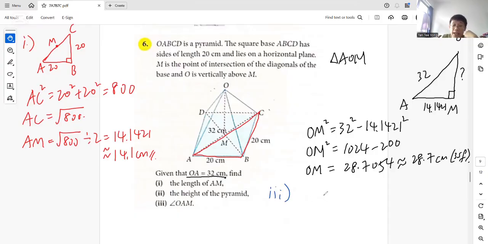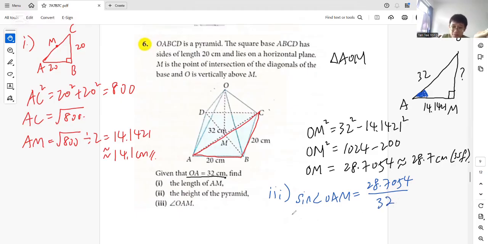Okay, so for part 3, find angle OAM. So we're going to make use of the same triangle over here in part 2. So we want this angle, angle OAM. Right, so it is a right-angled triangle. So we can use SOH-CAH-TOA. So we can say sine of angle OAM equals opposite over hypotenuse, right? So opposite is 28.7054 over hypotenuse, which is 32.